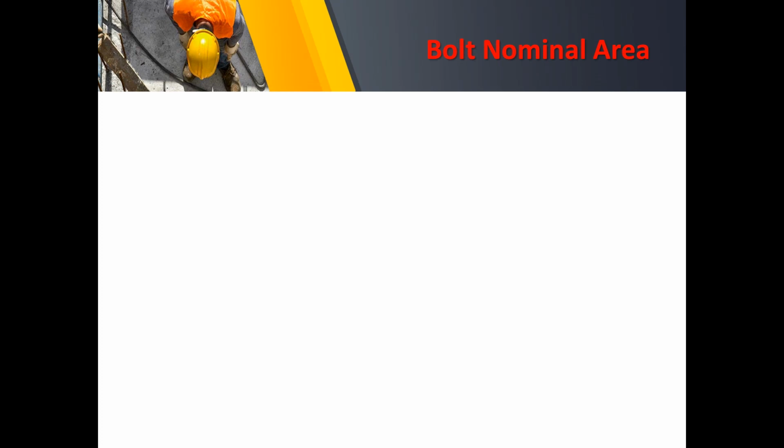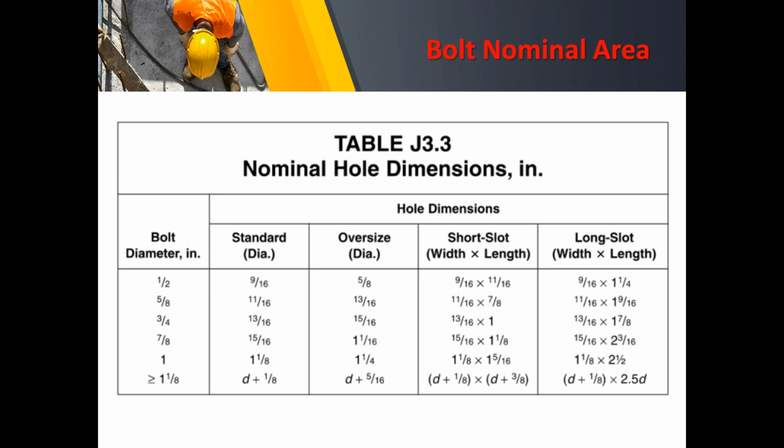So before we start with sample problems, knowing those equations, we should be aware of the bolt nominal area. So I'd like to present here a table coming from AISC that the standard diameter shall include an increase in the nominal area.